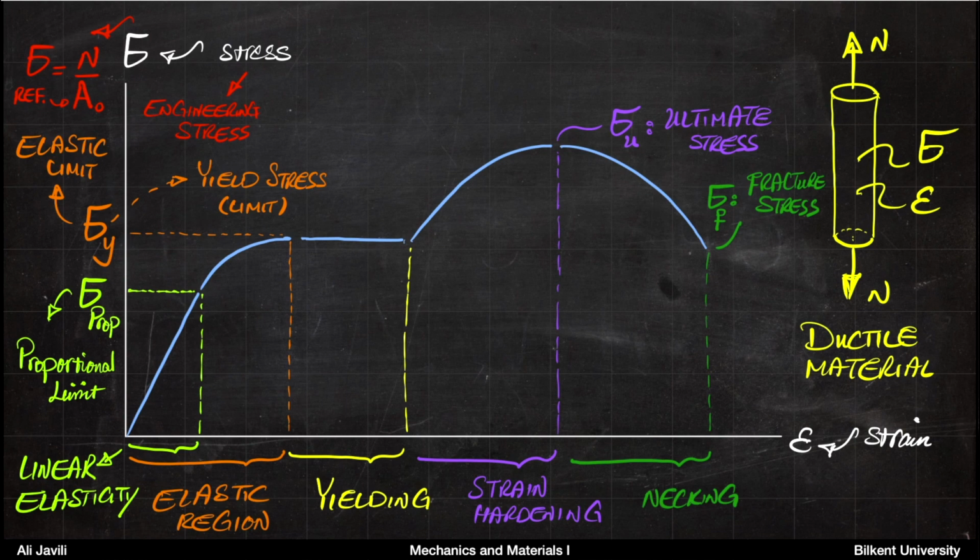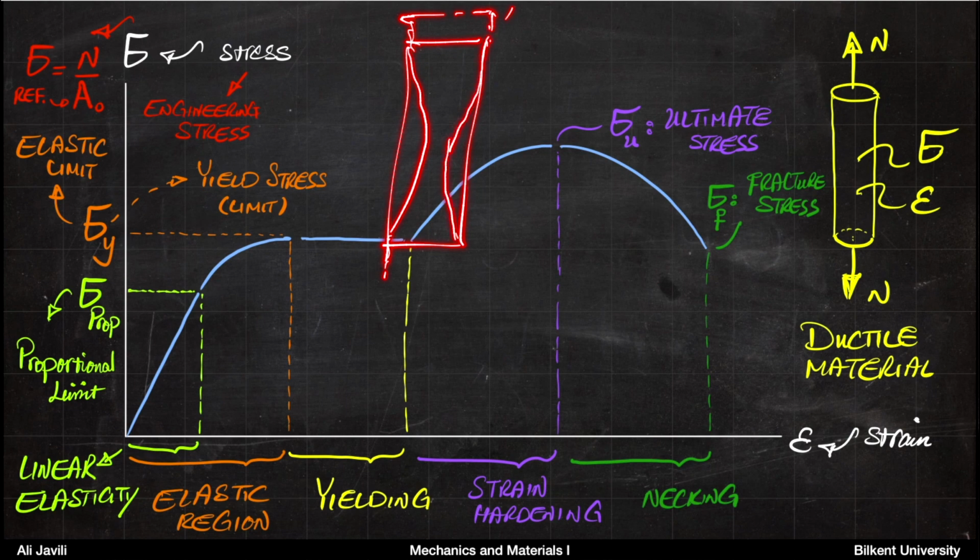So you can define that stress, of course, but what happens, and that's why this region is called necking, is that when you have this member and you keep extending it, at some point it starts to neck in the, let's say, in the middle maybe. And I'm sure you can kind of imagine what happens here.